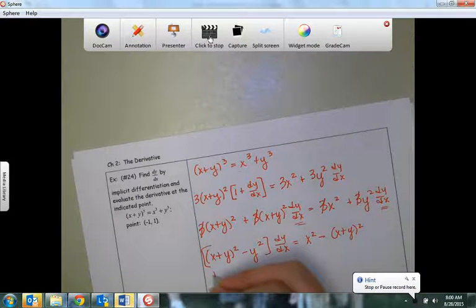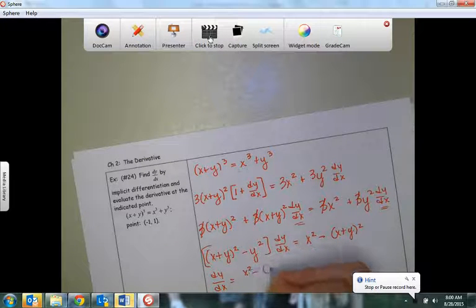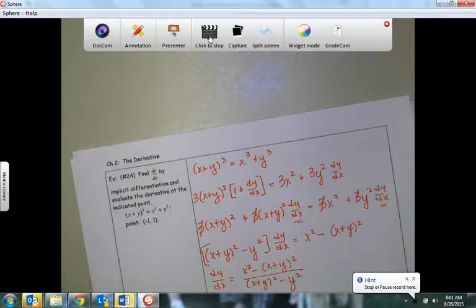So dy dx equals (x squared minus (x plus y) squared) over ((x plus y) squared minus y squared).